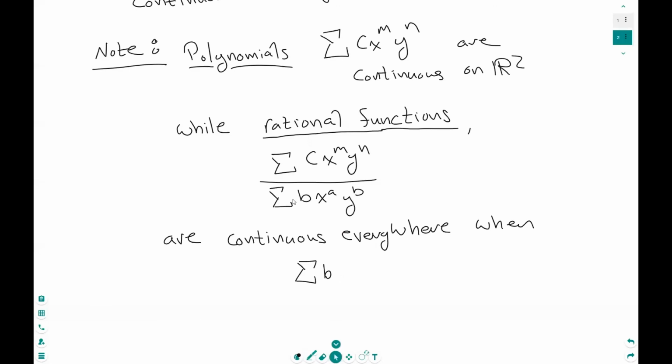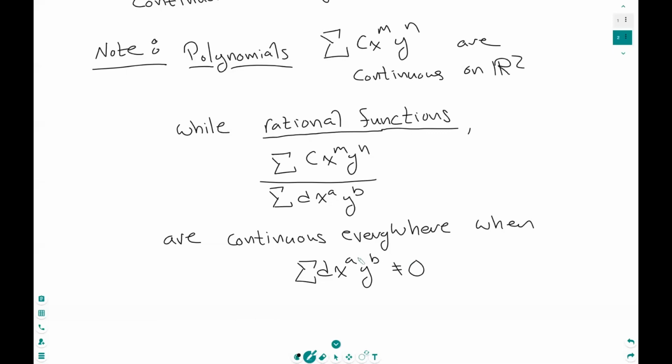Probably not the best that I use B twice there. Just call that D. That's just some coefficient out in front. So more or less, this says if you have a polynomial on the top and you have a polynomial in the denominator, it's continuous everywhere where this condition is met, where the denominator is not equal to 0.